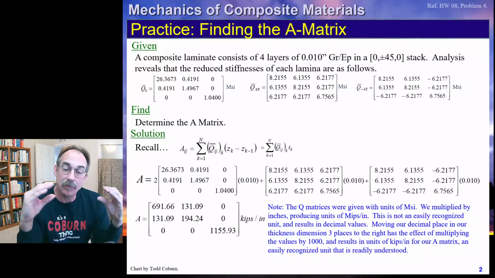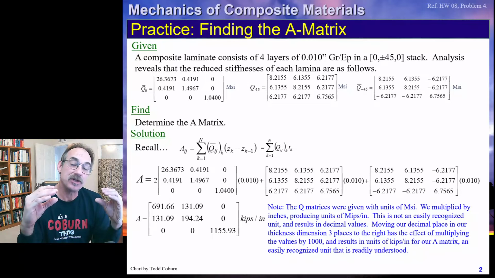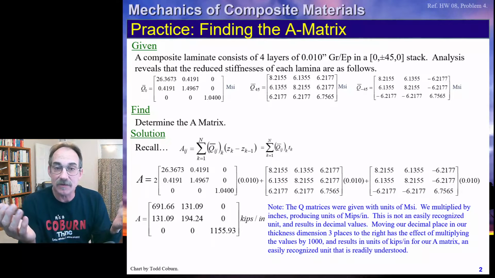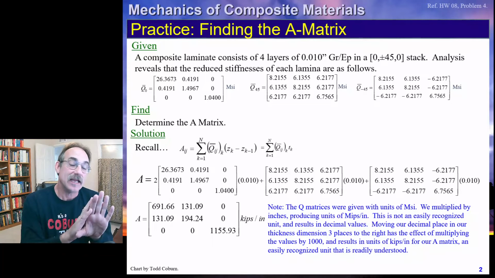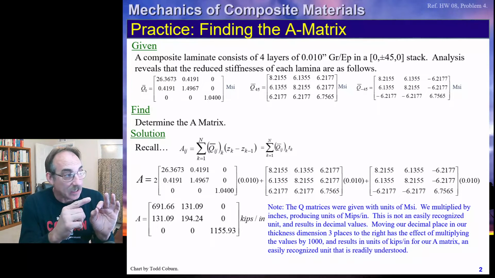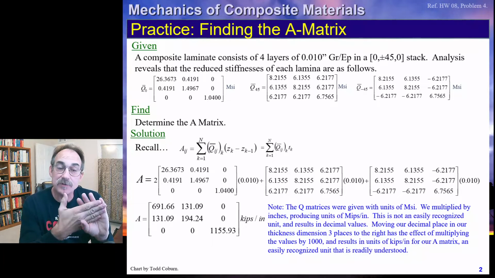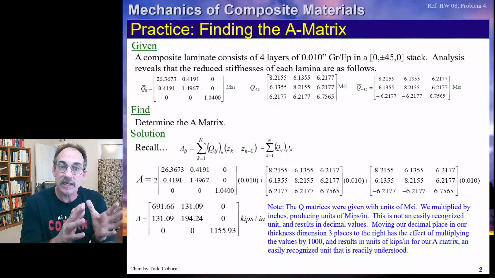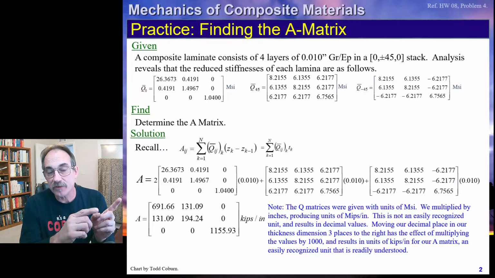So whenever the numbers get big, it's often better to express it in a different unit. If we're talking about E, the modulus of elasticity, often in US units we show that as MSI. And if we're talking about running loads, like this running stiffness, kips per inch allows us to quickly spot the magnitude: 600 kips per inch, 131 kips per inch. So the choice of units can make it easier.